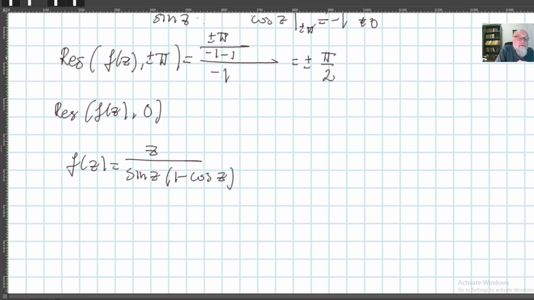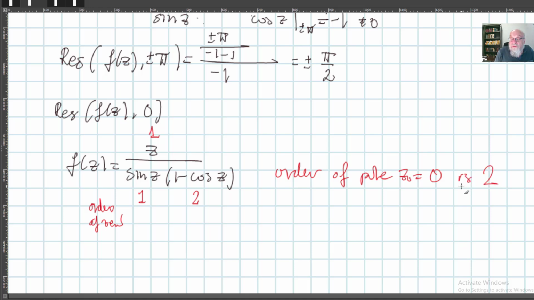So we have here the order of 0 for sine is 1, and here you will see this is 2. One of them is cancelling here; the order of 0 at the top is 1. So we can recognize that the order of the pole z0 equal to 0 is 2.